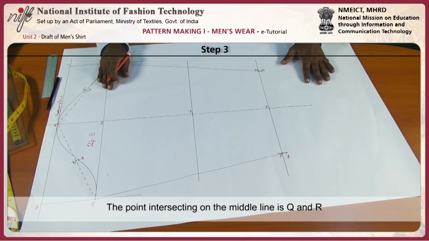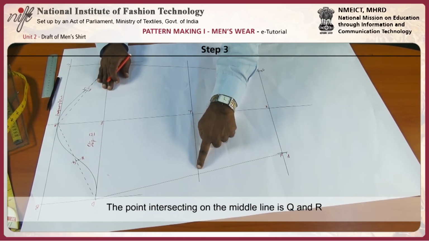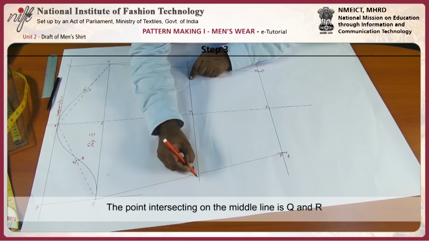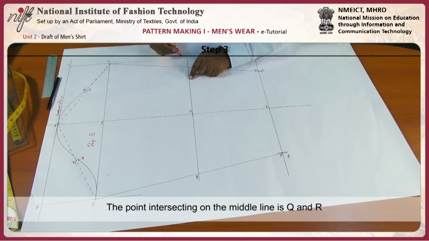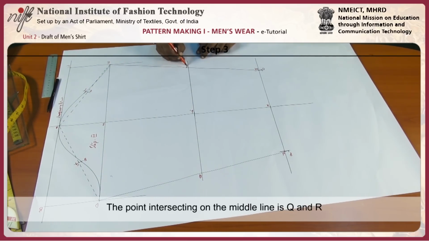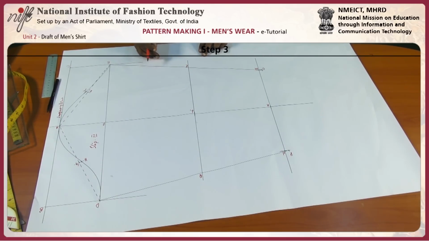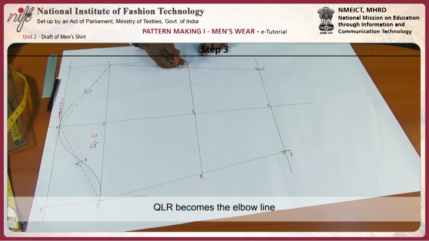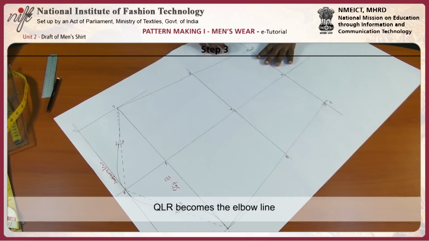The points that intersect on the middle line can be labeled as Q and R, so that the line QLR becomes the elbow line.